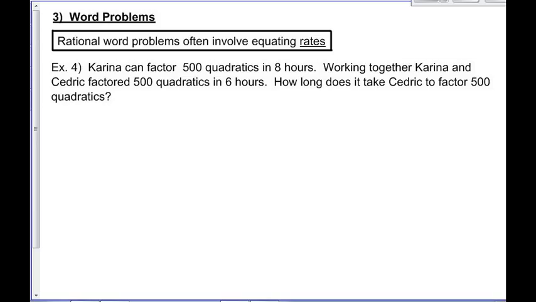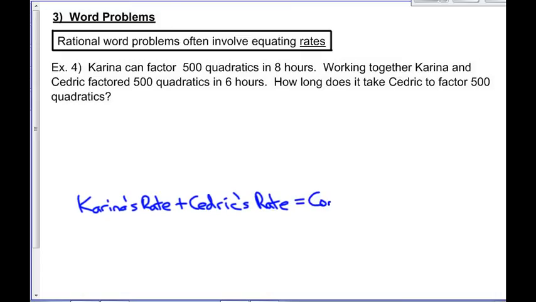How long does it take Cedric to factor 500 quadratics? What I often like to do in these questions is say, what is the basic equality we know about? We know that Karina's rate plus Cedric's rate equals their combined rate.